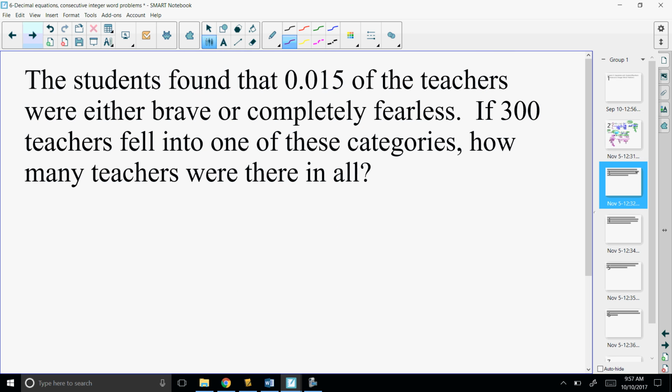So I think I have now a problem where we can set it up. The students found that, how do I read that number again? 0.015 of the teachers were either brave or completely fearless. If 300 teachers fell into one of these categories, how many teachers were there in all?